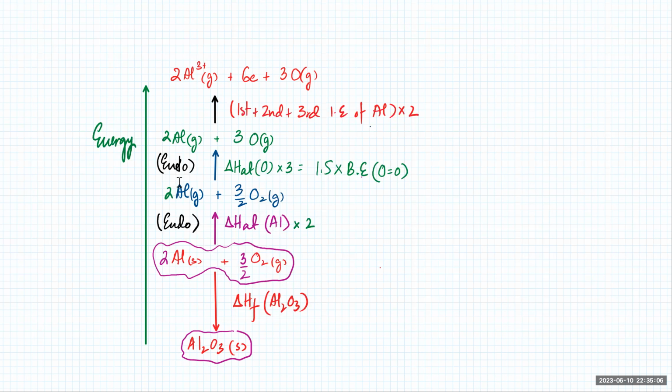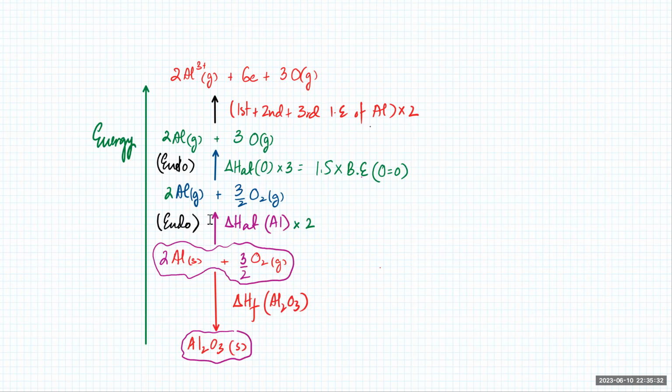What do I do next? I turn it into an ion. Once I've broken the metallic bonds, I force it to lose electrons. So that's the first plus second plus third ionization energy of aluminium, right? And that's times 2 because there are 2 aluminiums. If aluminium loses 3 electrons, in total it's going to lose 6 electrons if there are 2 aluminiums. Is that clear?